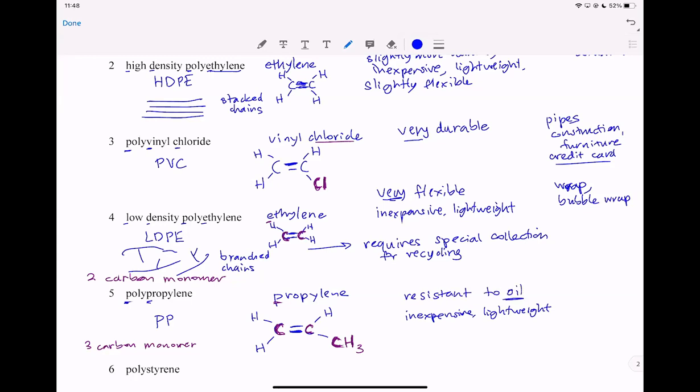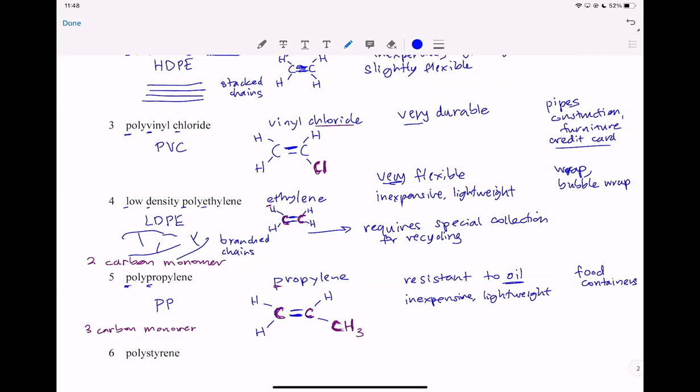Because it's resistant to oil, this is used for food containers. So if you look at your standard takeout containers, they're generally going to be plastic number 5, polypropylene.